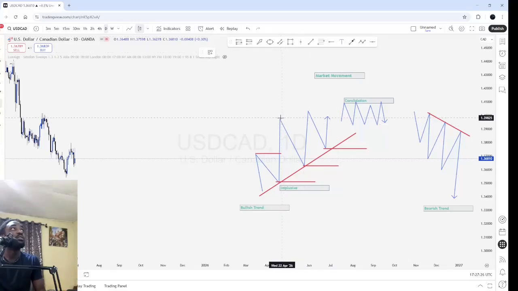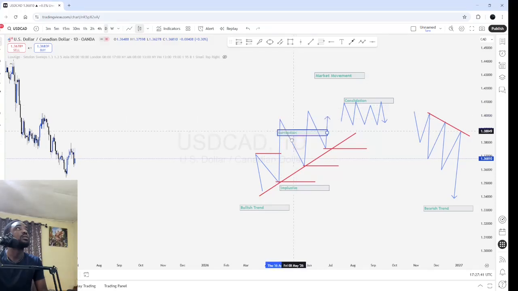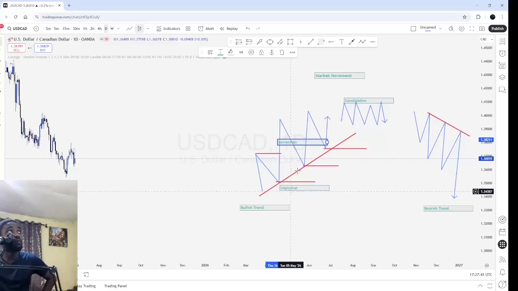Then we have the correction, which is the smaller one. So we have the impulsive move, then we have the correction move. Do you get me? Those are the two movements we have.